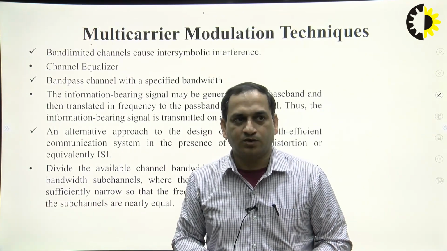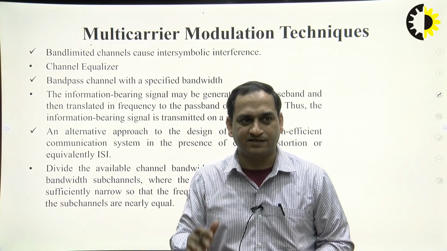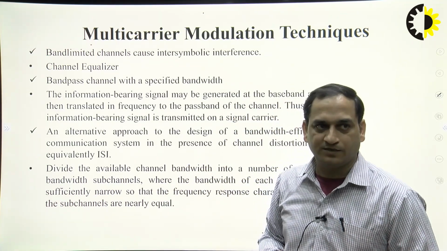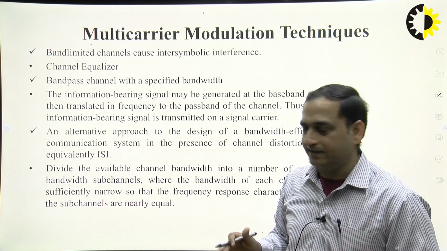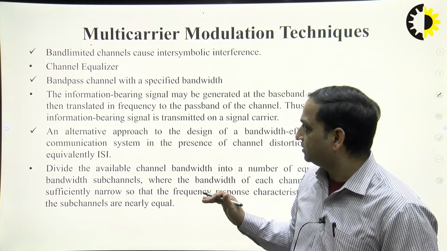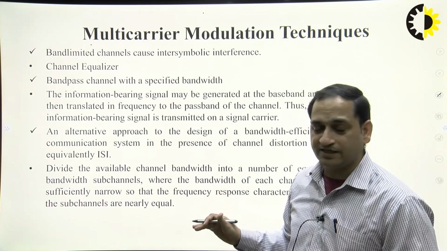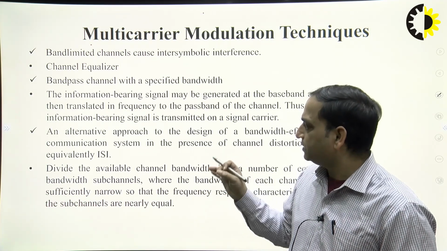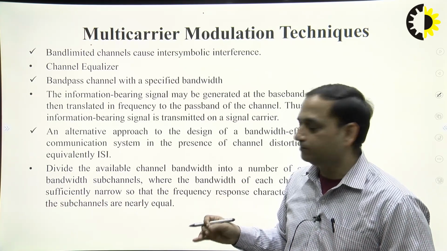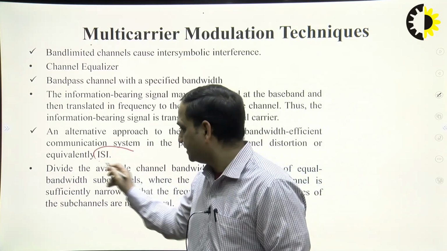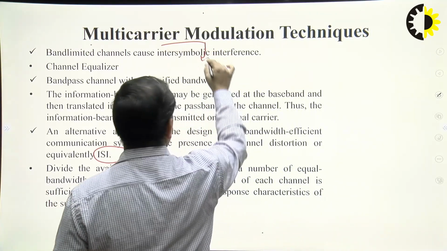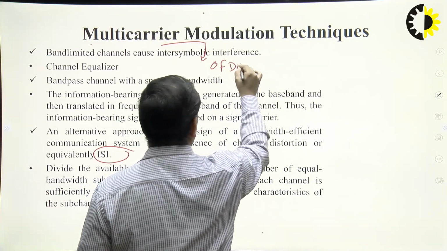Now, multi-carrier modulation techniques are used instead of CDMA or TDMA systems. Multi-carrier systems are similar to the FDMA system, in which we use OFDMA to minimize the ISI. The example of a multi-carrier system is OFDMA, right?